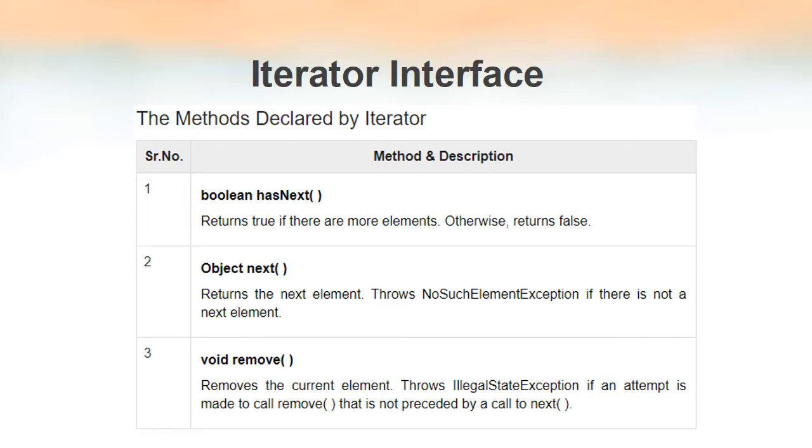As seen in the previous slide, it's not possible to modify or replace an existing element in a collection by using the Iterator interface. If we want to remove or replace an existing element inside a collection, we need to use the ListIterator interface, and that is what we are going to see next.